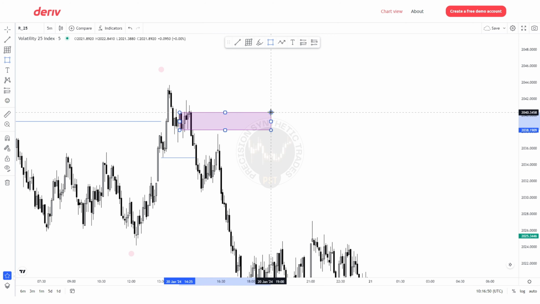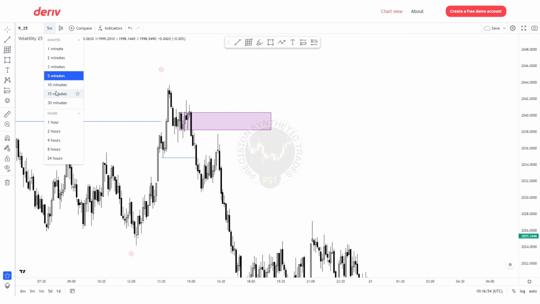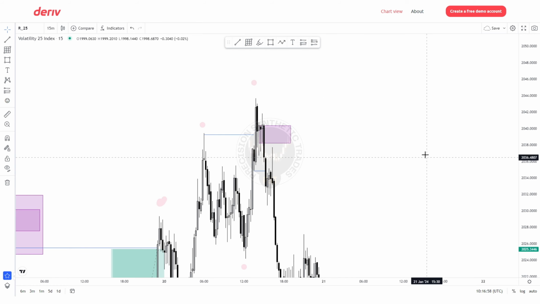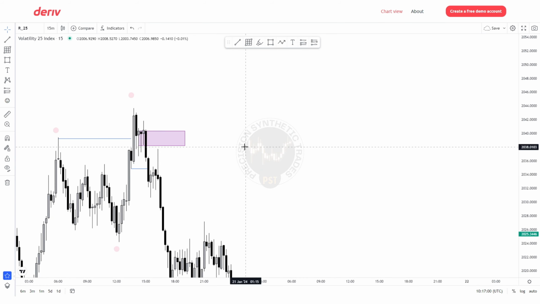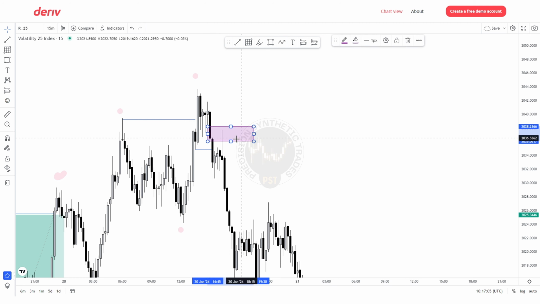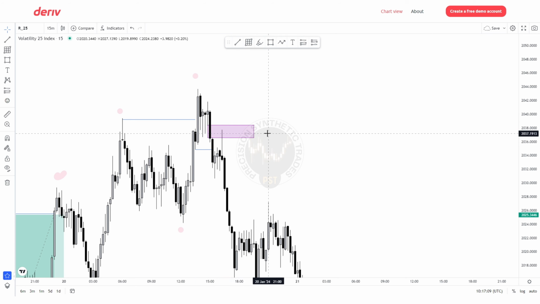There's our order block. Let's quickly go back to the 15 minute. The big impulse move down. On the time frame that we are doing the analysis on, you can see there's that order block with a fair value gap.